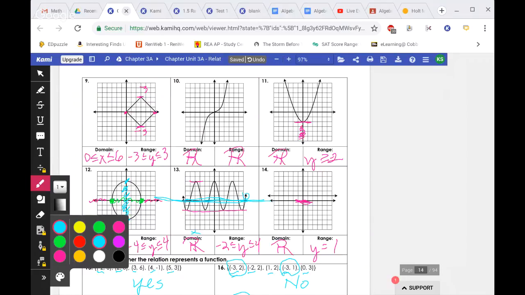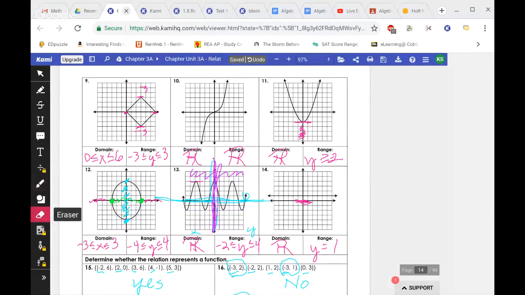And how do you solve for the range? The range is just the Y's. So that's this. Are any of the Y's up here a possibility? No. Are any of the Y's down here a possibility? No. So what you're looking at, let me erase some of my scribbling here so that it doesn't look as bad.